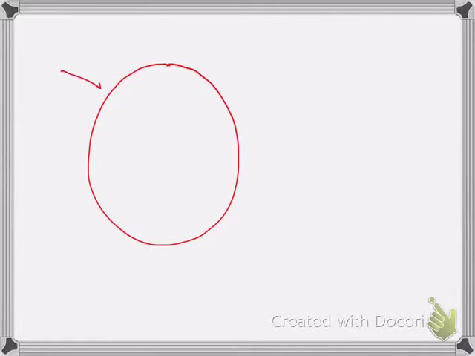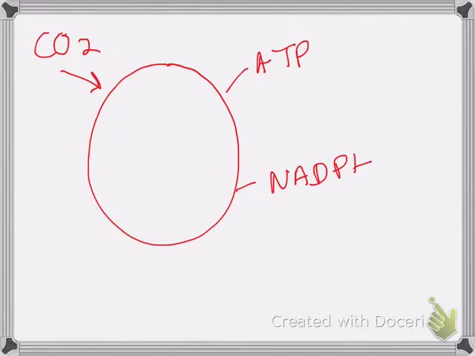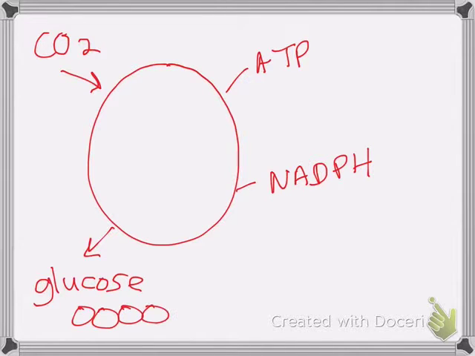In step 2, the Calvin cycle, we're going to take CO2, which we haven't used yet, and we're going to use our ATP and our NADPH, and we're going to make our glucose. If you remember, glucose is made up of 6 carbons.